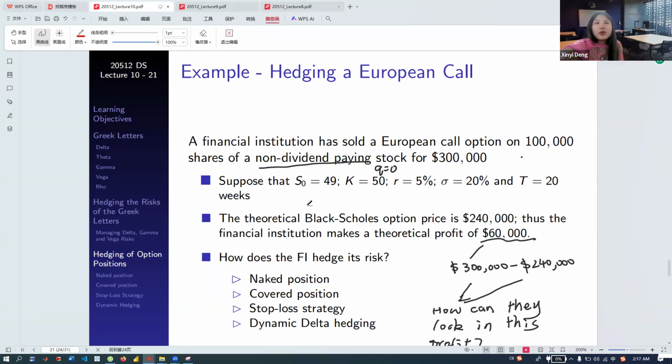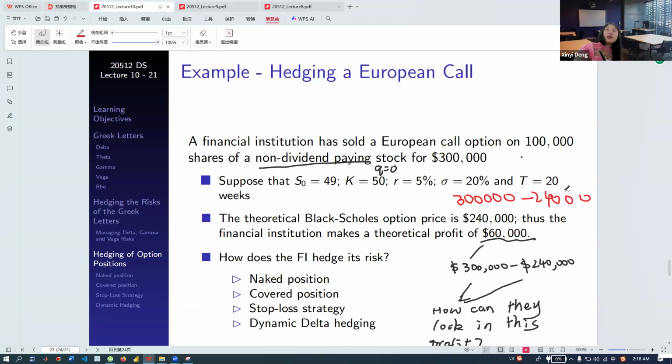Now, the extra information we know is that the theoretical Black-Scholes option price is $240,000. So theoretically, since we are shorting a call, selling a call for a higher than theoretical price, we are earning the difference, right? Since we buy low and sell high, we are earning the difference of 300,000 minus 240,000.